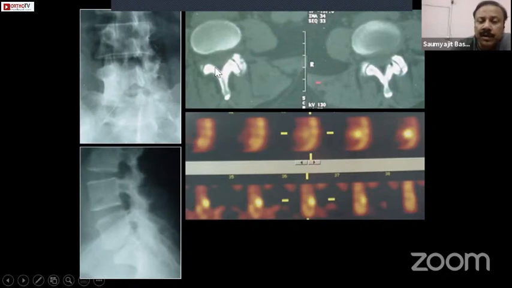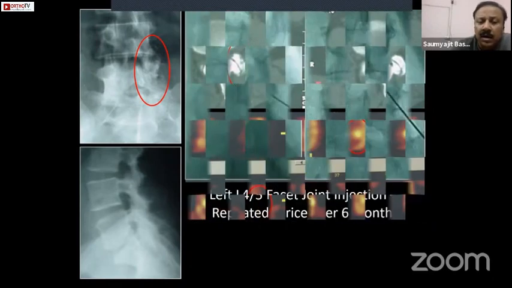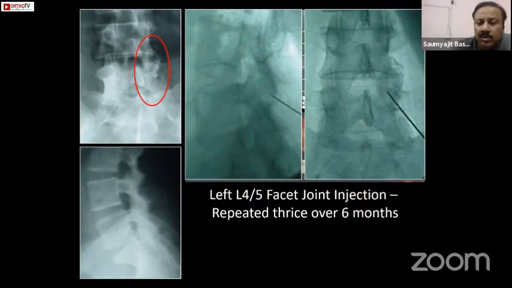Initially, we thought it could be infective. Her CRP was normal. There were no other inflammatory markers. History-wise also, she did not have anything suggestive of an infection. As you can see on the SPECT scan, there is a bright spot only on that area, and that is the point where we injected. So this is a patient with an isolated facetal pain, matching with the CT scan, the MRI, as well as the bone scan, the SPECT scan.